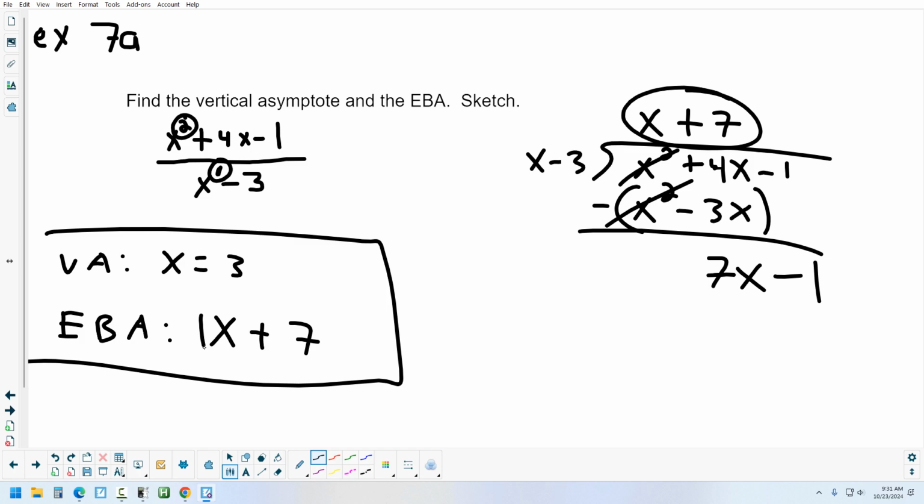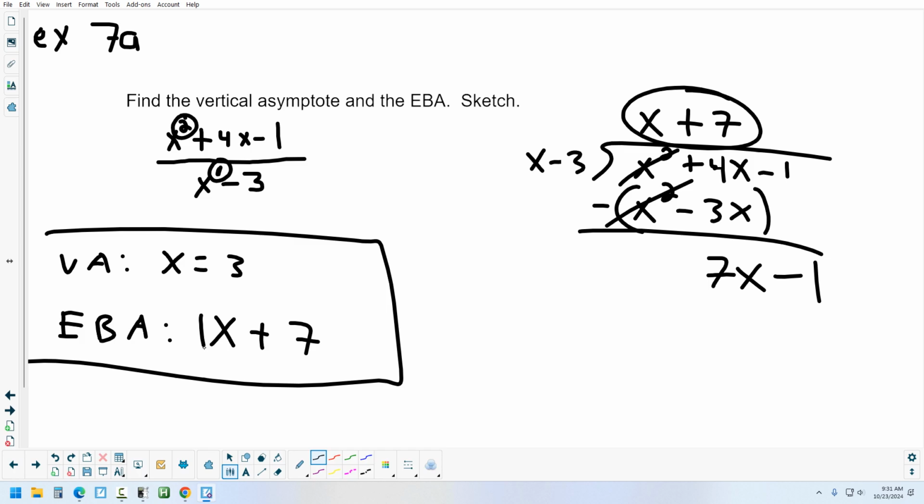Neither. It's a slanted line. That's the one I'm going to have you sketch. So this asymptote is going to be what we call a slant. A slant takes the place of the horizontal. You cannot have a horizontal asymptote and a slant asymptote in the same problem. Okay? That won't happen.